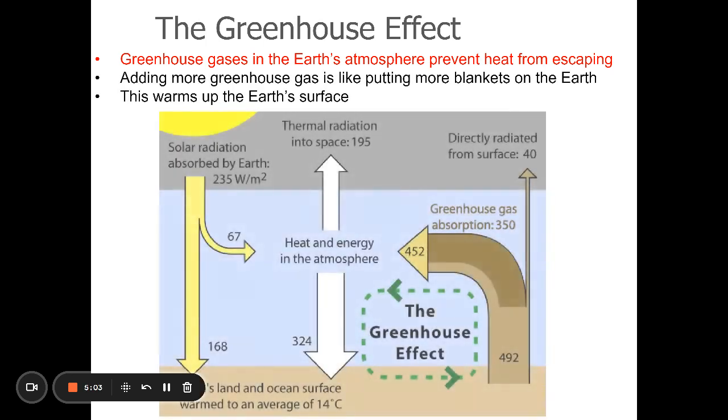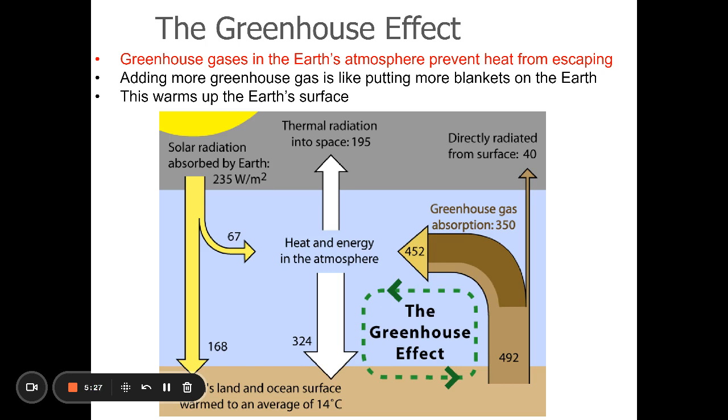When we look at a model of the Earth, the heat of the Earth comes from the sun, basically. The sun shines on the Earth, and the Earth absorbs a lot of that energy. And then it reflects that energy and releases it back into our atmosphere.